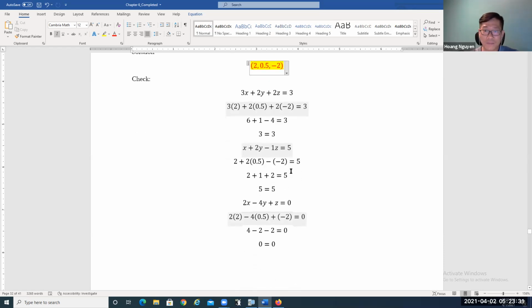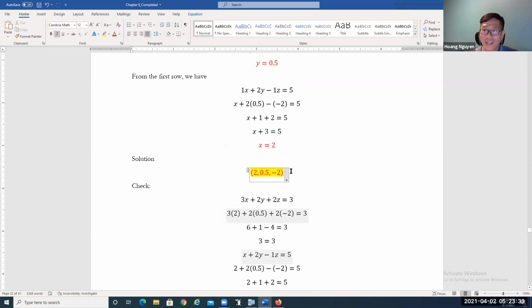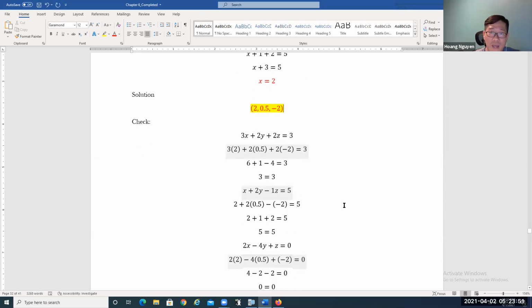-2. Okay. So once again, this is the second example of a 3 equation system with 3 variables, and how we use matrices to help us get the solution. Okay, so this is another option. The good thing about this method is you don't have to carry the variables all the way through, right?